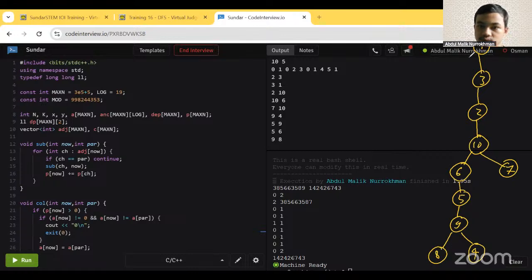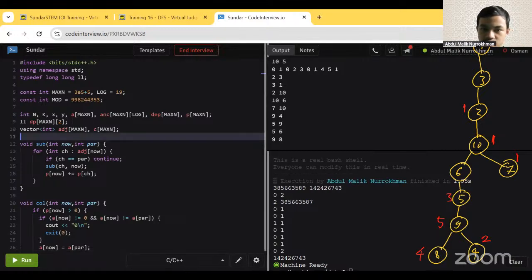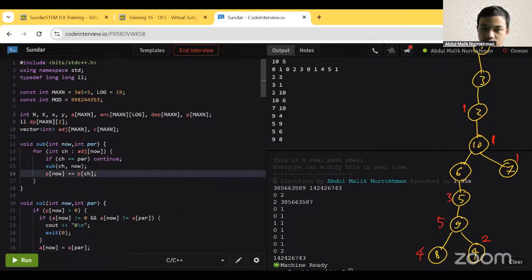So the color is like this. This is 1, 0, and then 2, 3, 0, and then 1, and then 4, and then 5, and then 1. All right, so no need to do anything in the first coloring. So when we output after the coloring, the array is still the same.